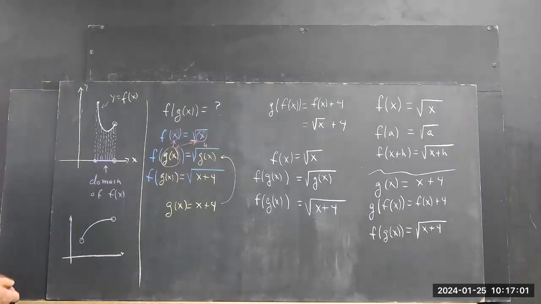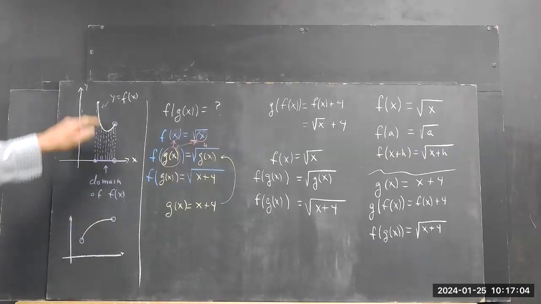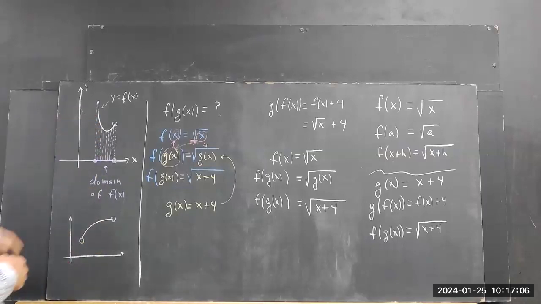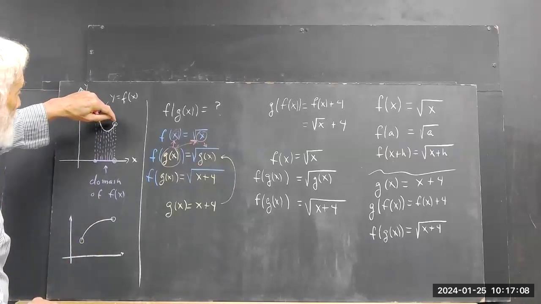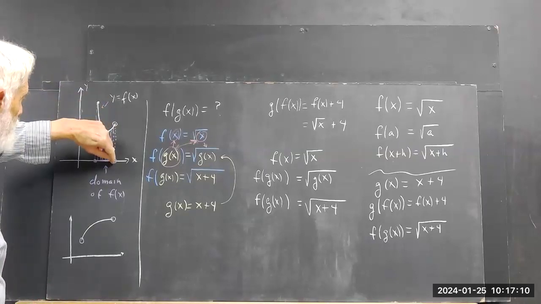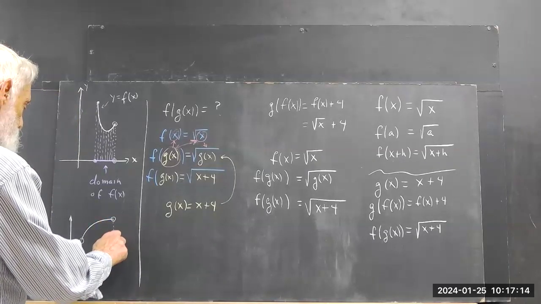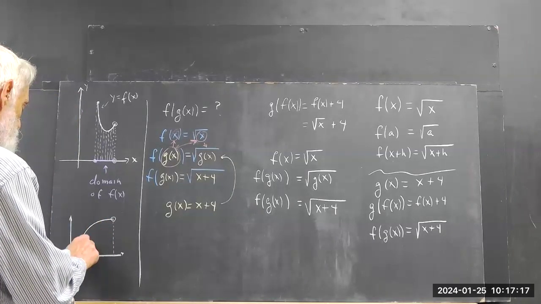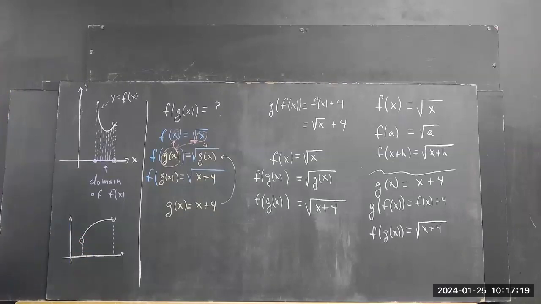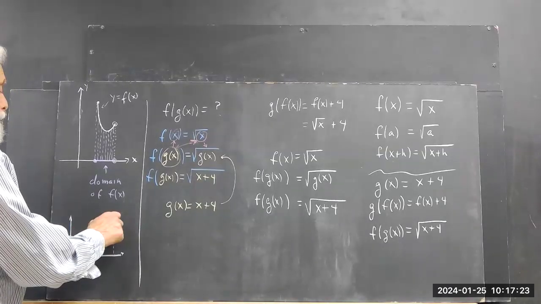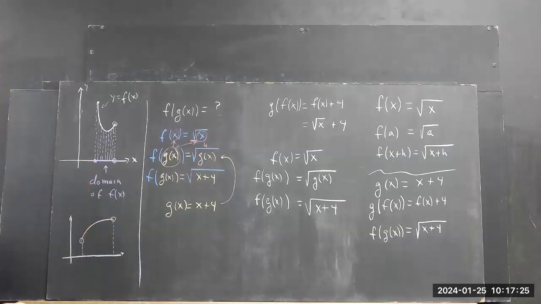So I said, whatever I did up here, do it down here. First thing is I put a dotted line from this end point down. Next, I put a dotted line from every point up here down.